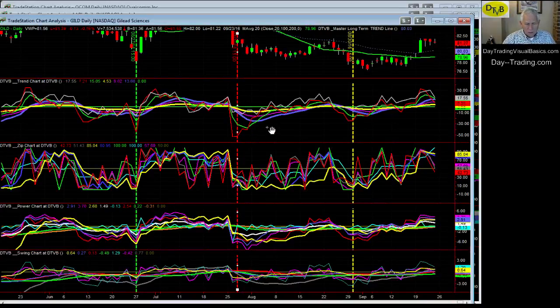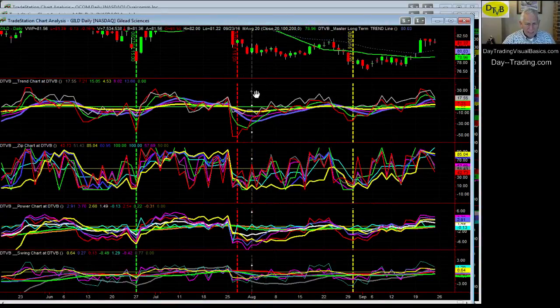Now I want you to notice one thing, because here is what some would say is an exception to the rule. But I would not say it's an exception. It's just a case of not looking at the indicators. Right here, I want to pull another vertical line and put it in place here, and I'm going to make this vertical line a gray line.